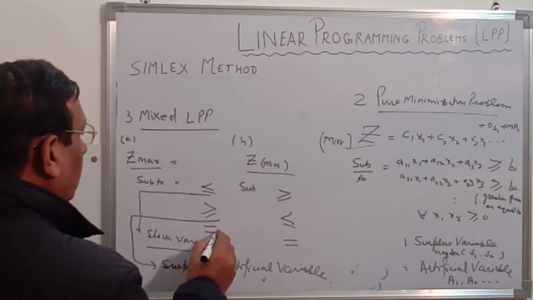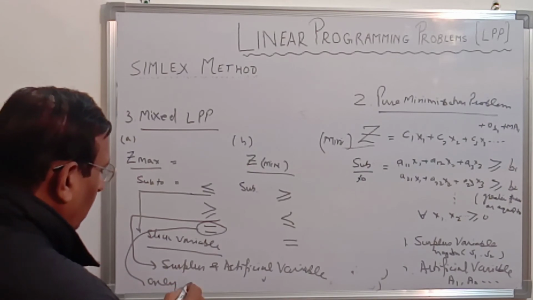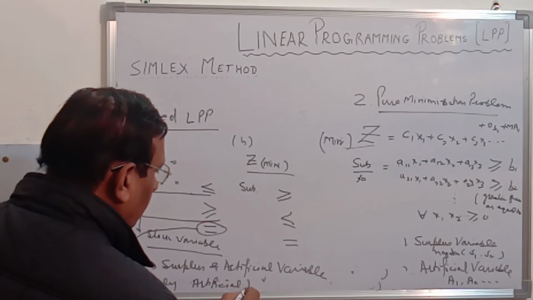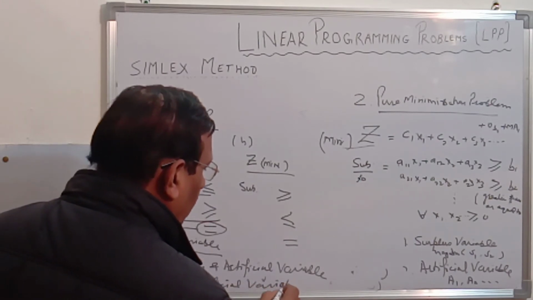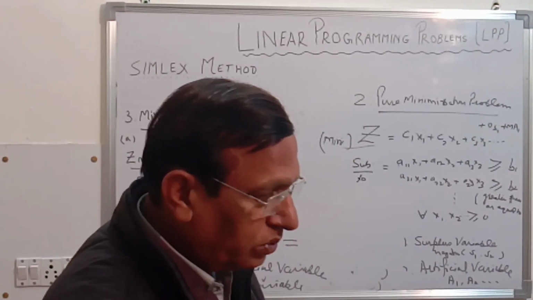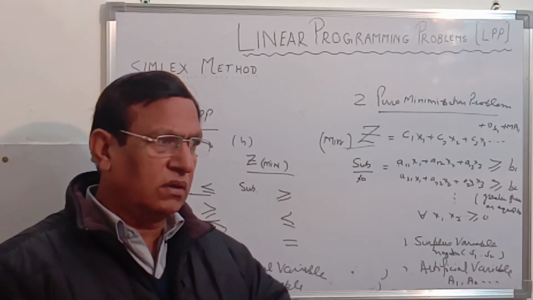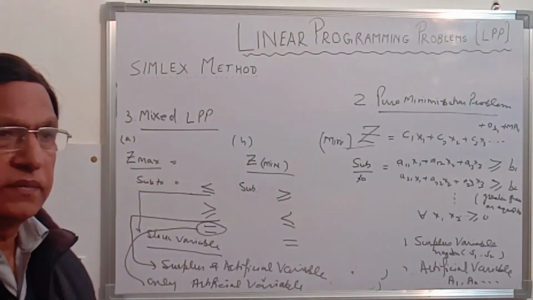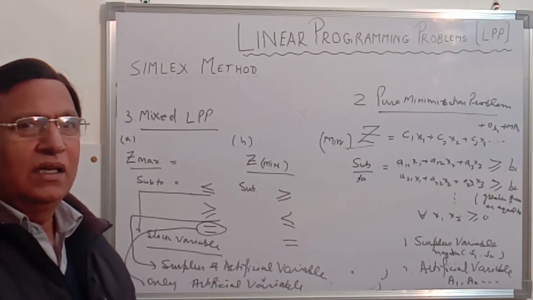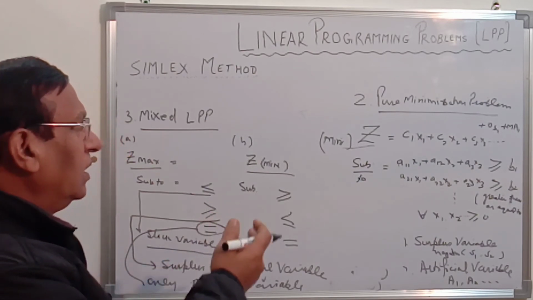And if it is the third type, equal to, only artificial variable. This you have to commit to your memory, otherwise you will be wrong in formulation of your problem. Once your problem is formulated, then it's a mathematical procedure that we will see when we take the examples.